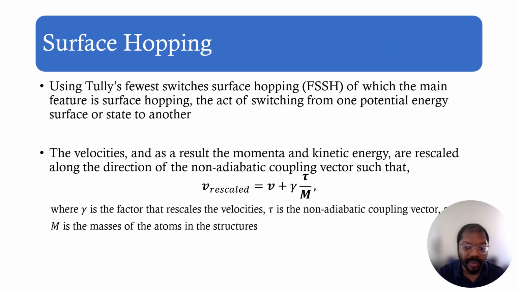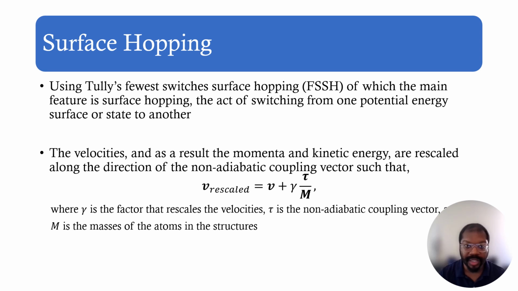The algorithm that we're using is trajectory surface hopping with fewest switches, and the reason we're doing that is because this algorithm allows us to reduce computational costs pretty significantly by letting us only focus on the electronic part of the Schrodinger equation. The main feature of this is surface hopping, which is the act of switching from one potential energy surface to another.